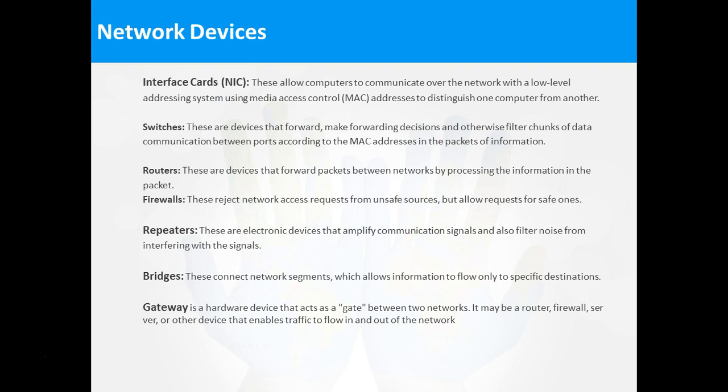It does not do any other operation other than amplifying your signal. Bridges connect network segments, which allows information to flow only to specific destinations. The last one is the gateway. Gateways are network hardware devices that act as a gate or a door between two networks.